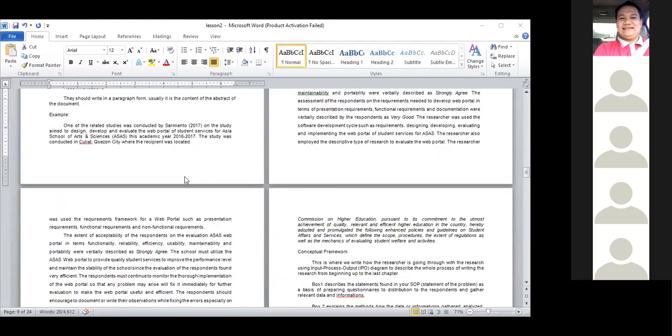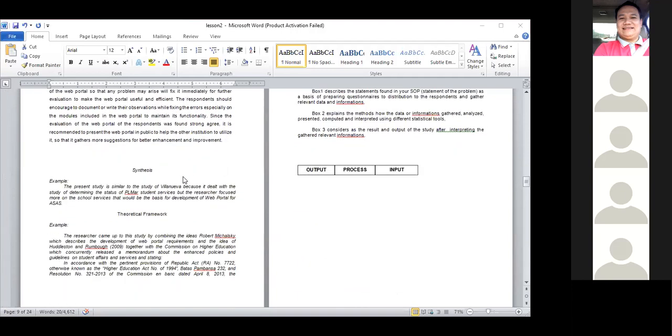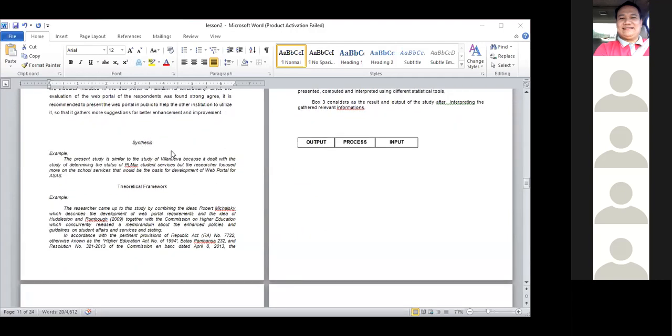Okay? And then the most important, guys, is the synthesis. So what is synthesis? Ito kalimitan ang nakakalimutan ng mga researchers, no? It is not enough that you just get the related studies. You have to compare, give the differences and similarities between the previous studies and your present study.